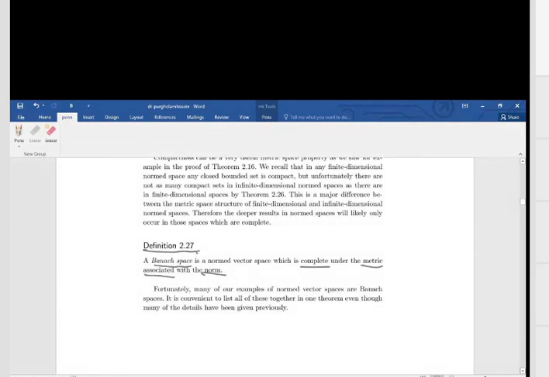Definition. Now we are going to define Banach space. A Banach space is a normed vector space which is complete under the metric associated with the norm. So if the norm is complete, it means that the metric associated with the norm is complete. We say that X is a Banach space.